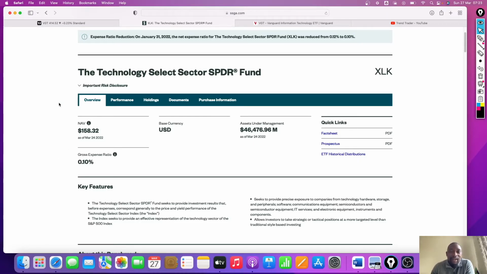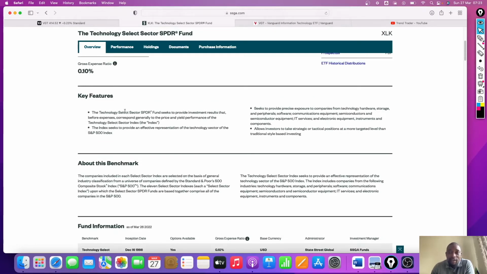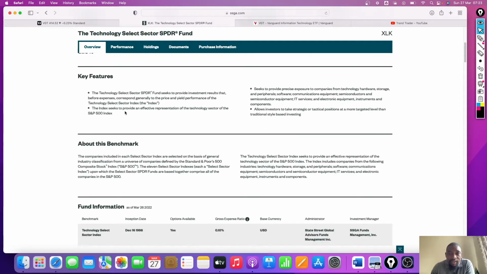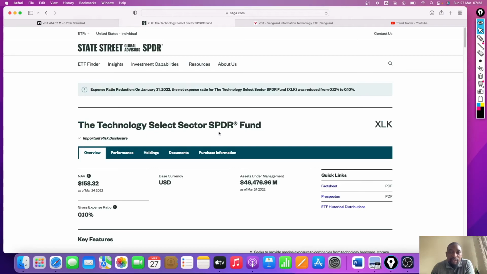Now, another piece of information that you can find there. It just describes that it's a tech ETF. Let's see if I didn't miss anything important. Okay, so one thing that I want to point out is the total expense ratio. It's 0.1%. If you look at the top, it says that since January they have reduced the TER from 0.12 back to 0.1.